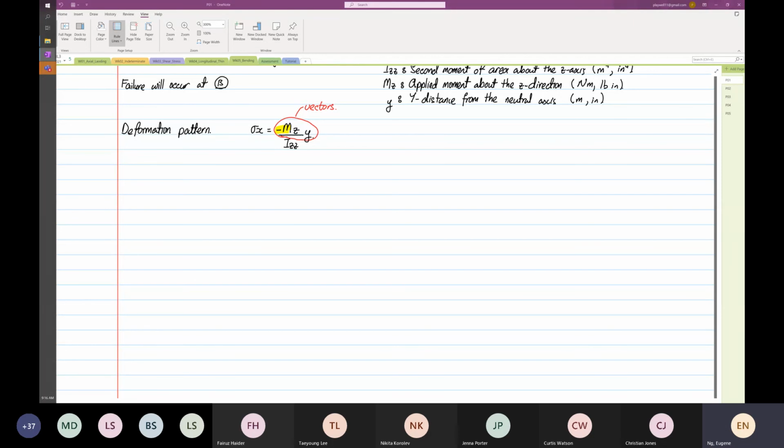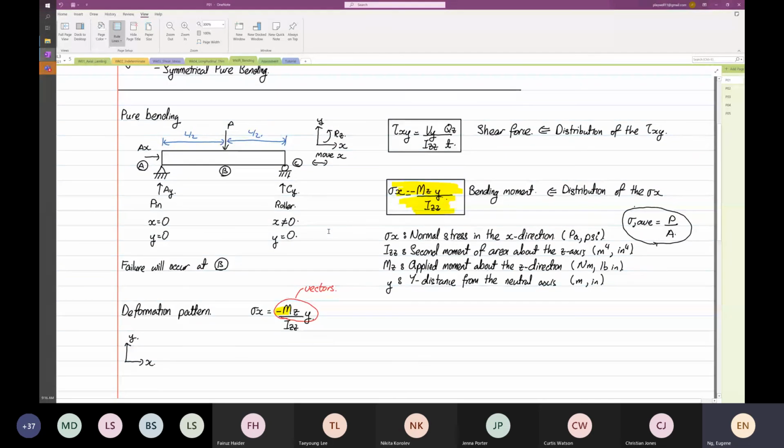Okay. So now, if we look at our deformation based on the structure that I've drawn earlier, look at the deformation pattern. So this is my x, and this is my y. So the deformation pattern that we get is based on the loading under simply supported, with a load applied in the center, like what I showed earlier over there.